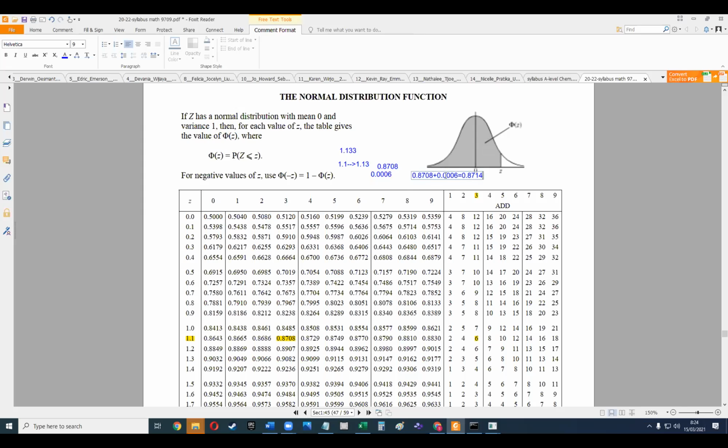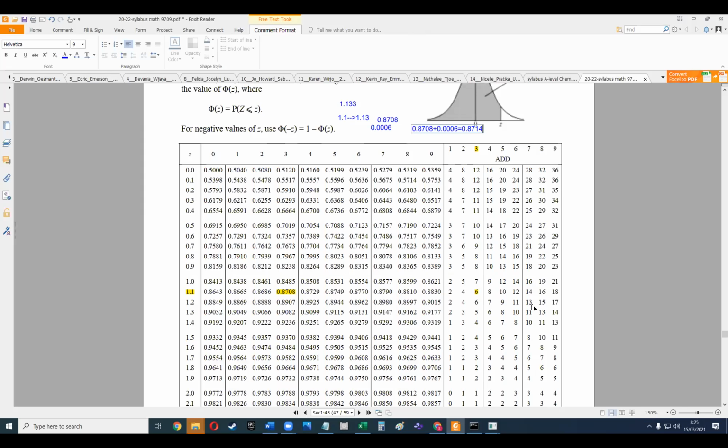I repeat, after getting the value for 1.133, we do this in 3 steps. First, the number 1.1, read it from the z value, go down until you get 1.1. Then you go to the right until you have the second decimal point, the first 3. So this is 1.13. The third decimal point, the last 3 in 1.133, we have on the add part here. This is all about the fourth decimal point.